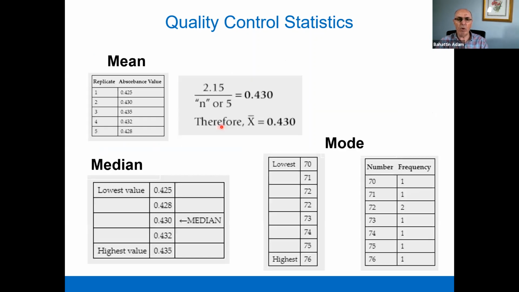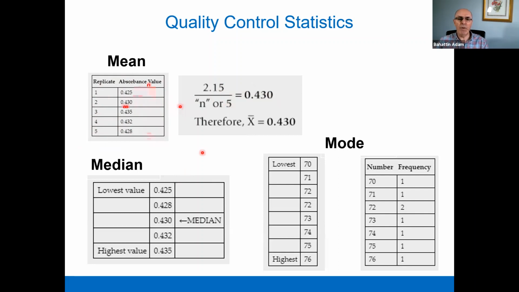Now I am going to show you what the mean is. If you have a data set like this, you sum up all these numbers, and since there are 5 different data, you divide by 5 and get the mean value.